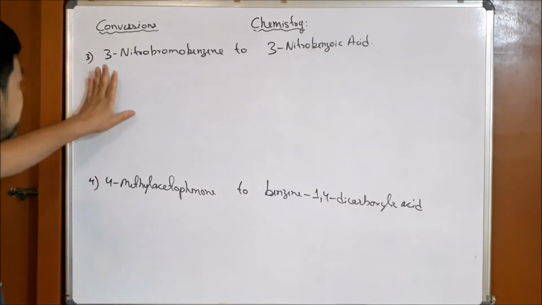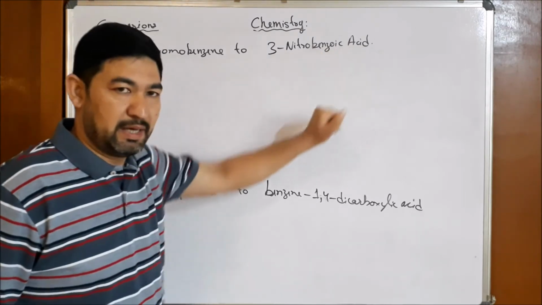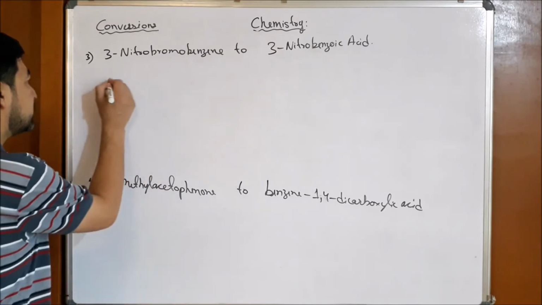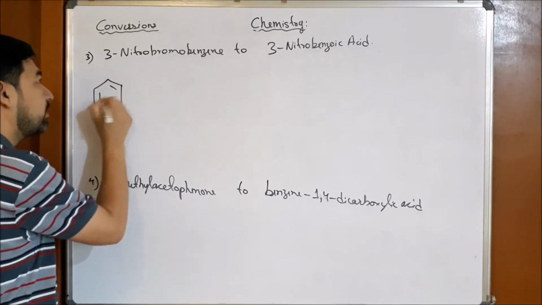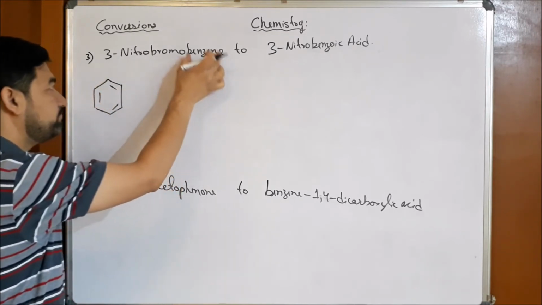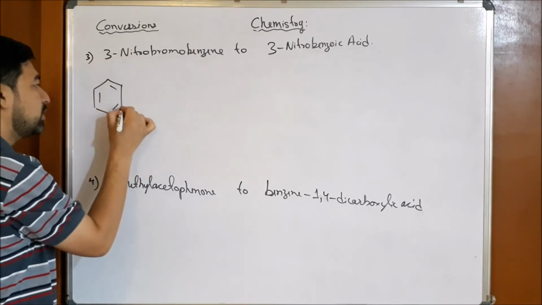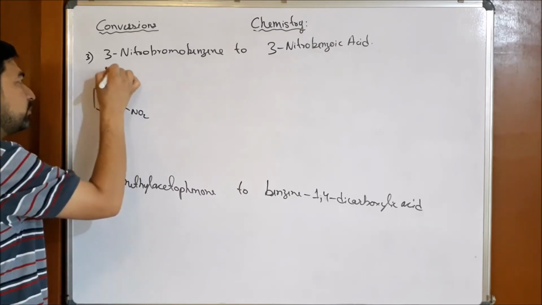The next conversion we'll do is 3-nitrobromobenzene to 3-nitrobenzoic acid. So we first will draw the structure. Benzene is the main word root. So if this is 1, 2, 3, the 3-nitro, and 1 has to be bromine, right?